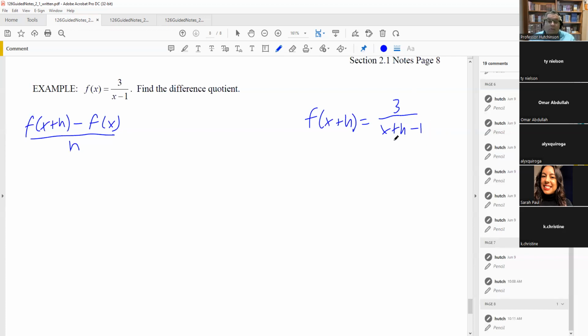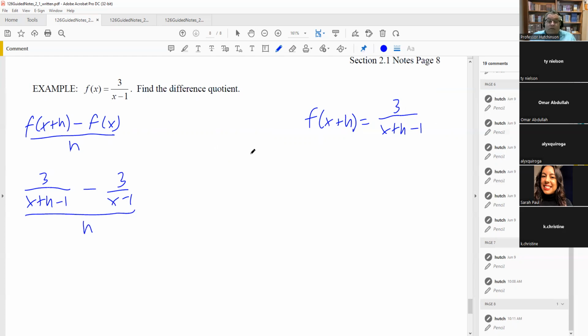And there's not any more I can do with that. There's no simplifying. These are not like terms in the bottom. So that's all I can do, f of x plus h. But I'm still going to go ahead and put that in as is. So here is the f of x plus h, and I have minus 3 over x minus 1. And all that is over h. So this is what I have so far.